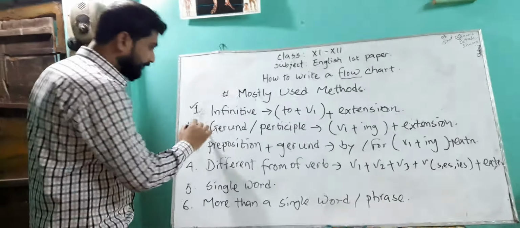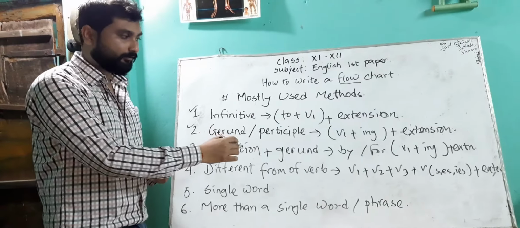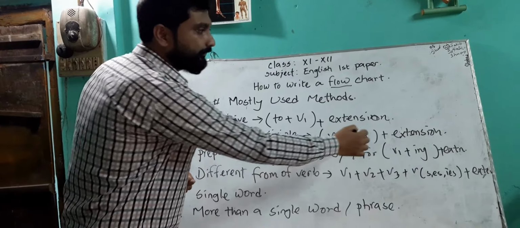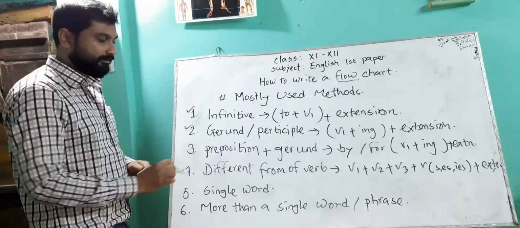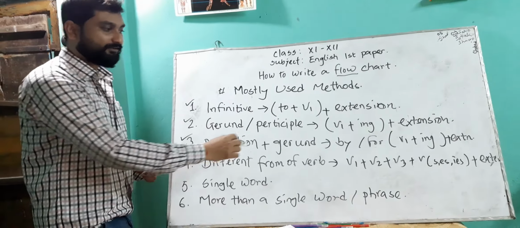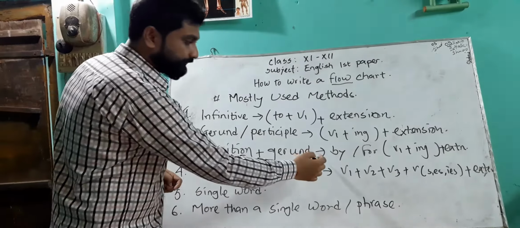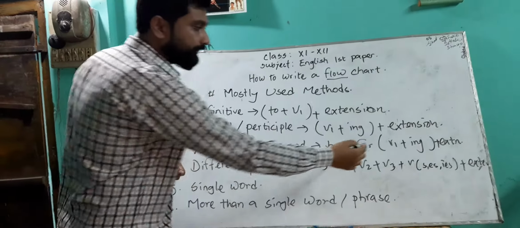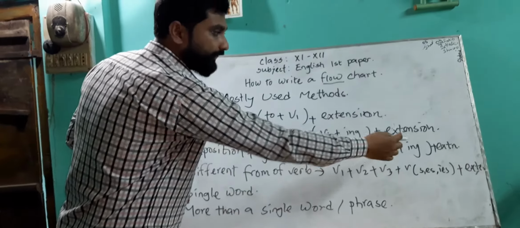Number 2, gerund or participle: verb base form plus ing plus extension. Number 3, preposition plus gerund. For example, preposition, here by or for, plus verb base form plus ing.